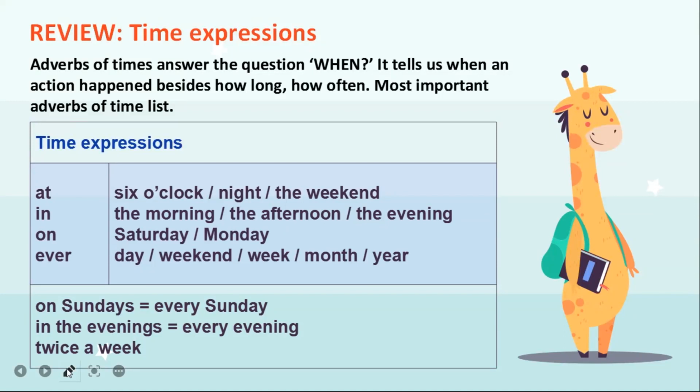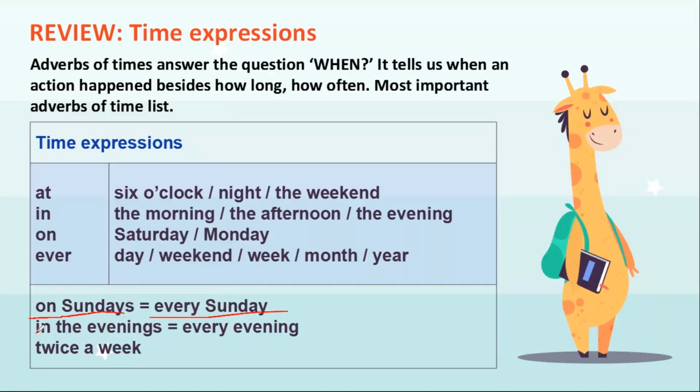Very good. Okay, so when you say here, Kim, when you say on Sundays, it is the same as every Sunday. I go to school on Mondays, that means I go to school every Monday.